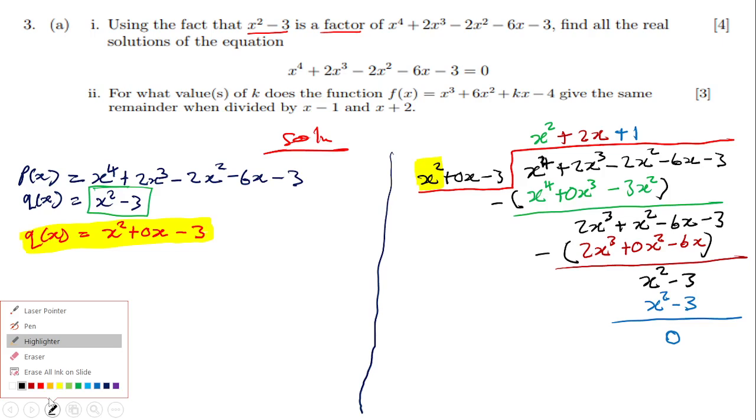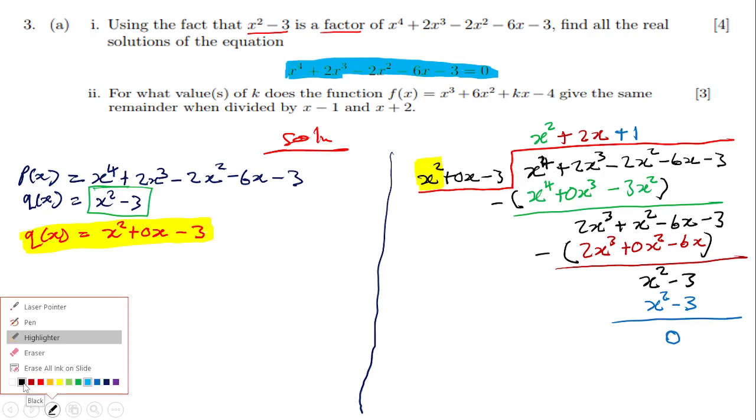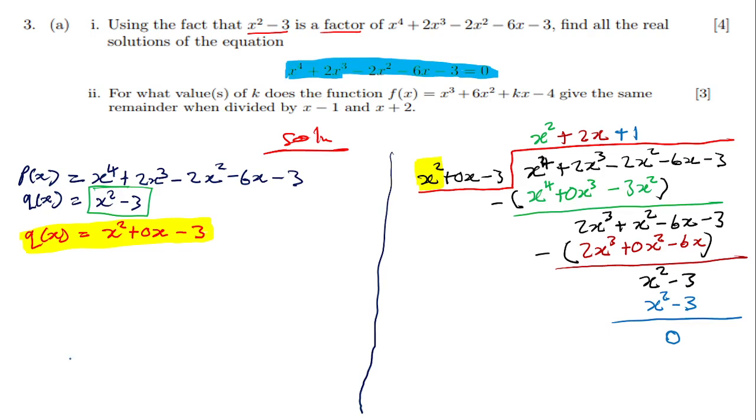Polynomials. So what you are going to do here is this. Since you have worked out the way I've worked out, what I have to do is to get the factor I was given here. So the factor I was given is simply x squared minus 3.